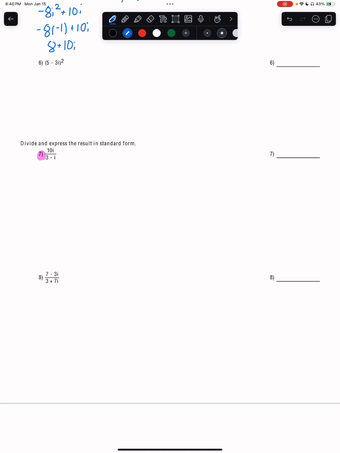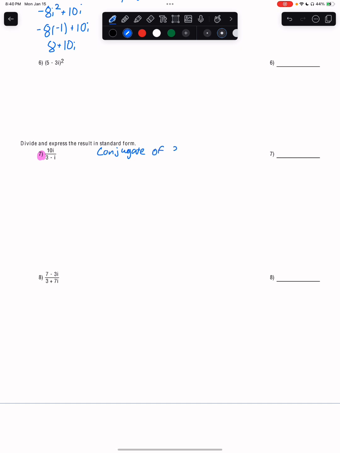Lastly, number 7, we divide and express the result in standard form. So here, we're going to use something called the conjugate, which we can use to help simplify. So looking at the 3 minus i in the denominator, the conjugate is just going to be the opposite sign.